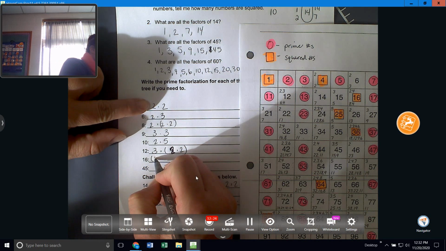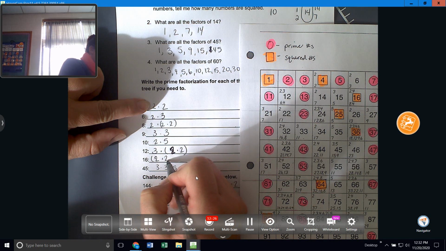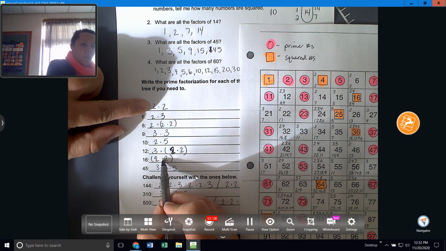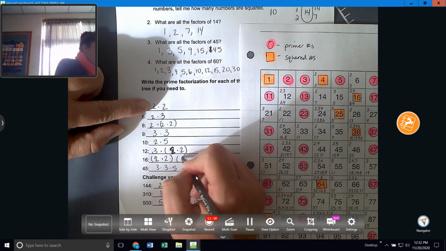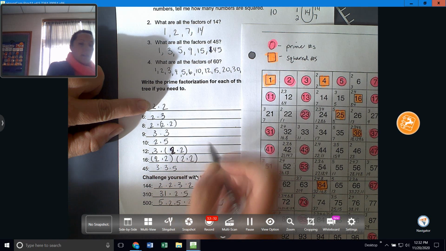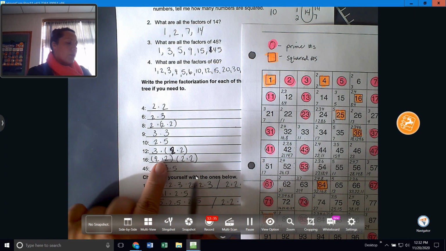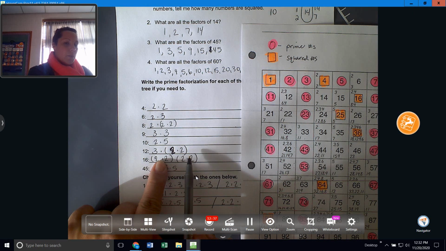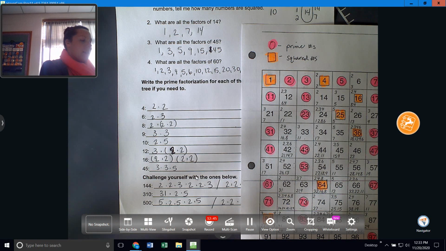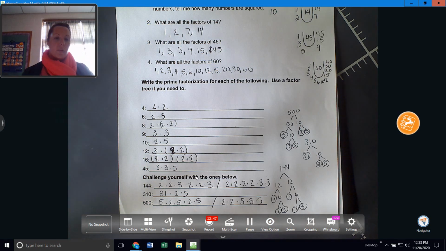So in parentheses, I'm going to do 2 times 2. That's the first 4. And then 2 times 2. That's the second 4. So 2 times 2 is 4. 2 times 2 is 4. 4 times 4 is 16. Alright? That is how I'm getting those.